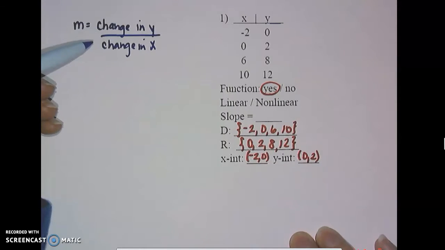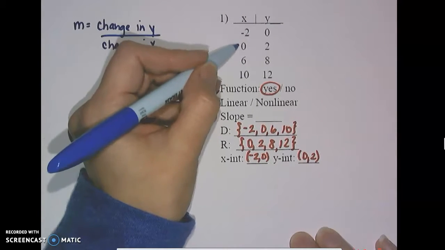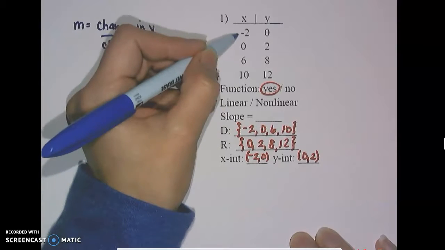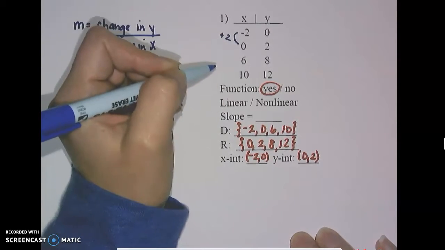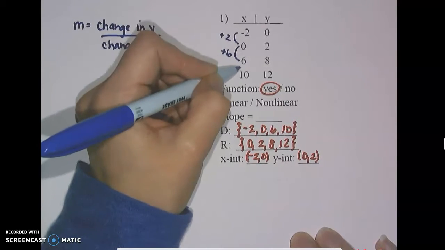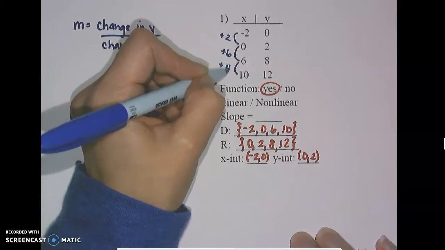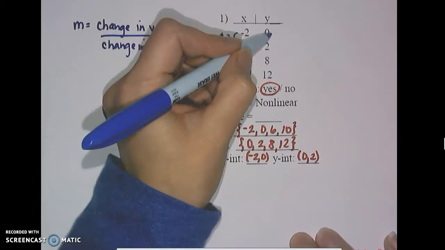And so we're going to look at what that looks like for each of these things. So we need to first figure out what the change is going from each of these down. So from -2 to 0, we're adding 2. We're going up 2. From 0 to 6, we're adding 6. And from 6 to 10, we're adding 4. We're going to do that same thing for the y's as well. So you could do either order.